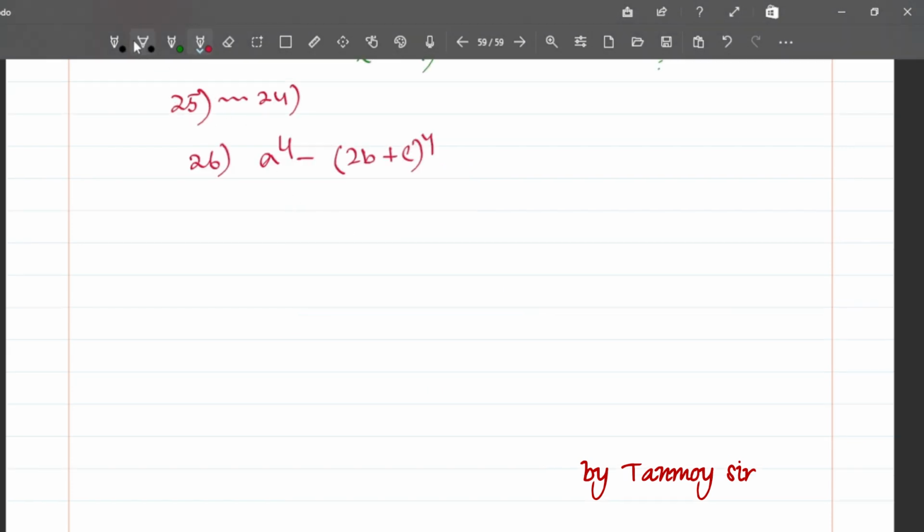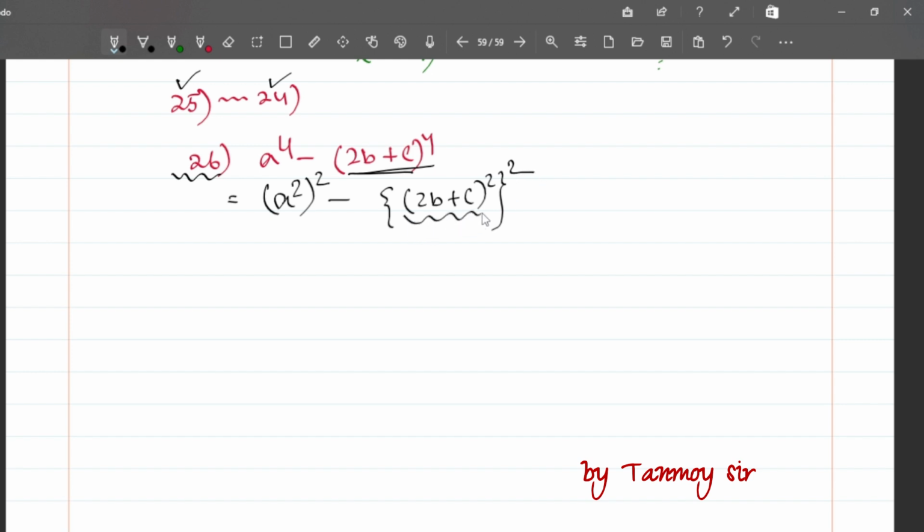Now sums number 25 and 24 are quite similar, so we will do sum number 26. So a to the power 4 can be written as a square whole square, and look at this portion, you can write 2b plus c whole square whole to the power 2.